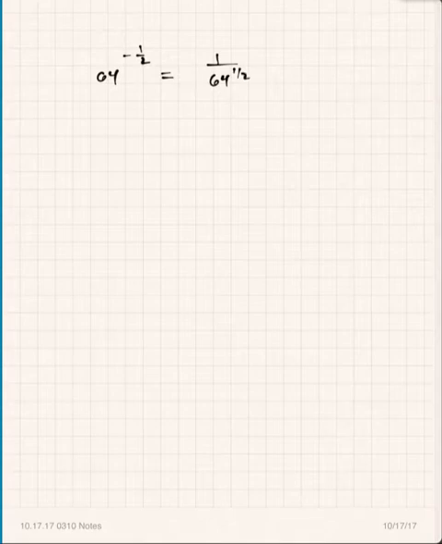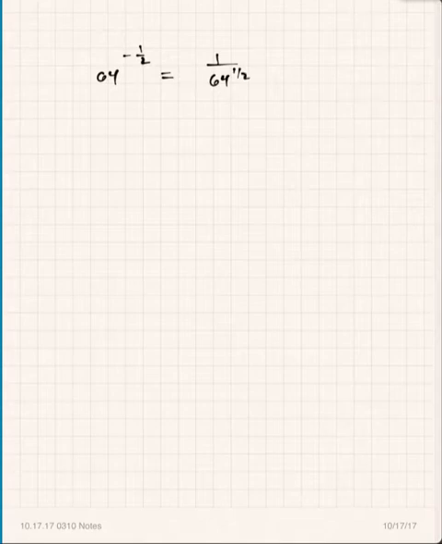So, for example, if we had 64 to the negative 1/2 power, remember that a negative exponent does what to a number? It flips it, right? It changes it into a fraction. So 64 to the negative 1/2 power is 1 over 64 to the positive 1/2 power.